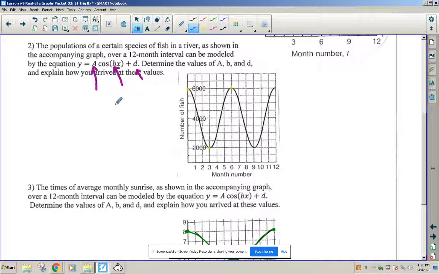Now, if we need to write about this, the first thing I'm going to look to see if I can find is the amplitude. Now, this is not oscillating up and down over the zero. If we look, we have a range that is going from 2,000 to 6,000.